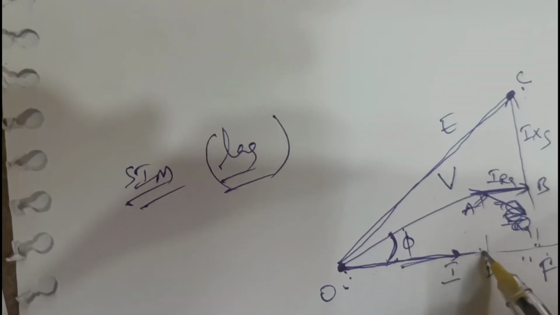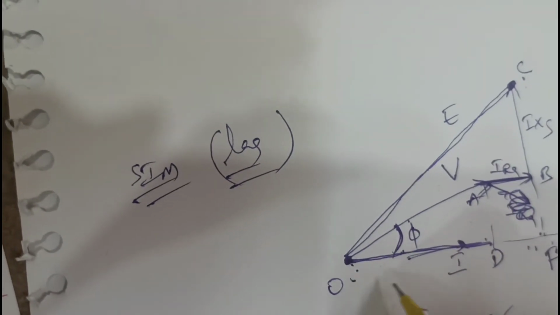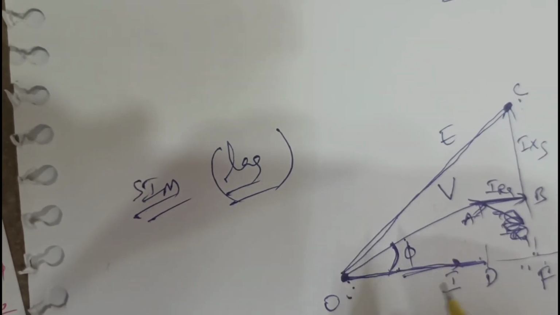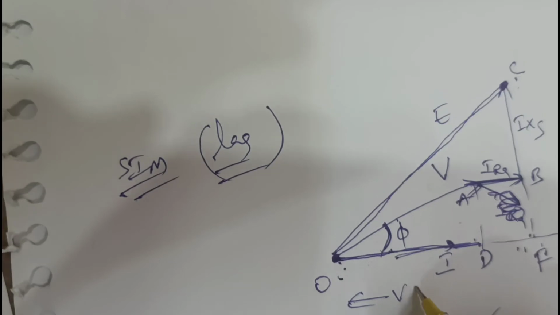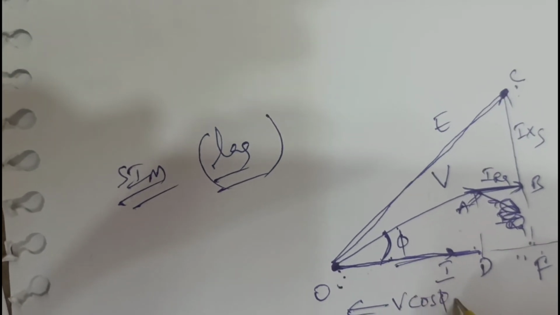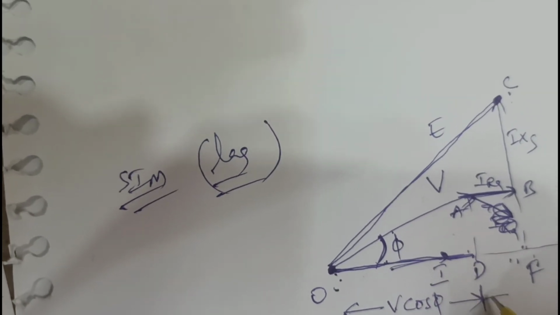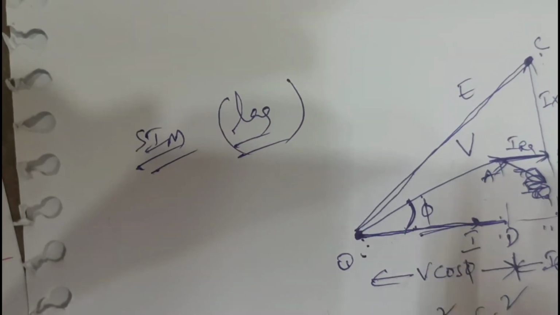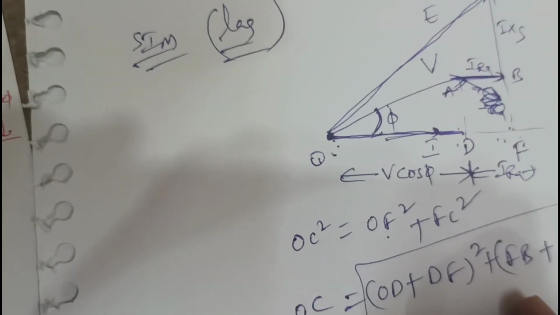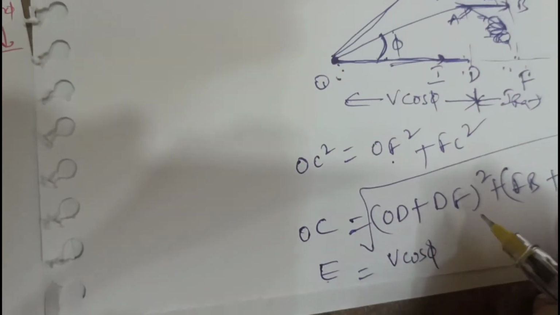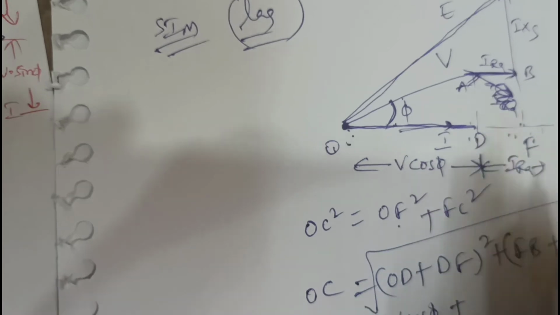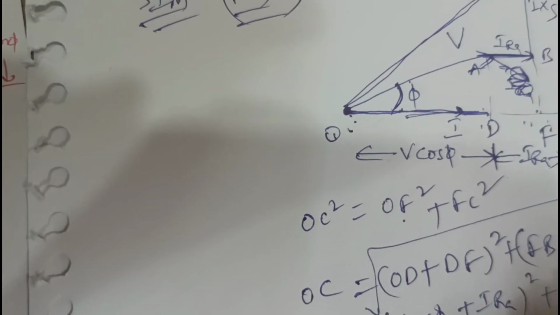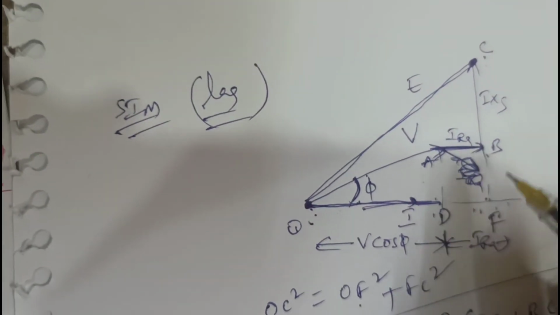Next, this OD indicates the voltage along the x-axis, so we write V cos phi. This is I into RA. So in place of OD we write V cos phi, plus in place of DF we write I into RA, whole square, plus FB.